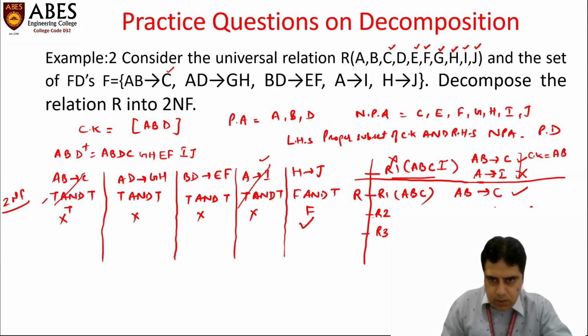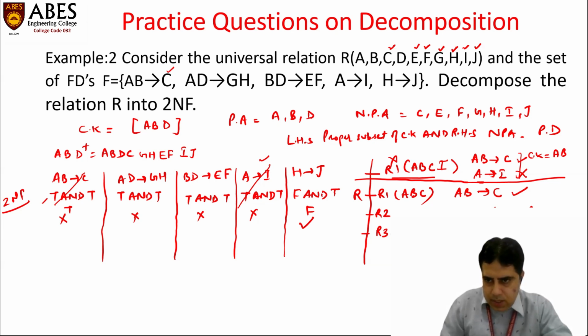AI we already decomposed into a different table. For GH, H determines J. So we can include H determines J in this table. So the functional dependencies for the R3 table are AD determines GH and H determines J.